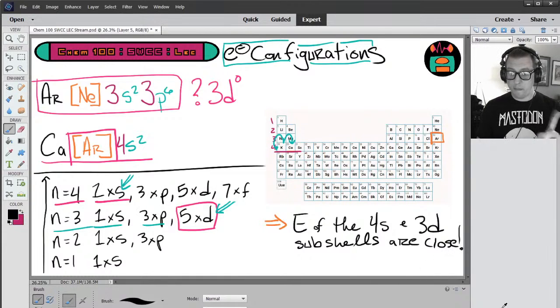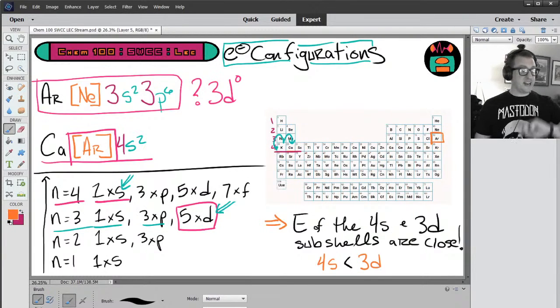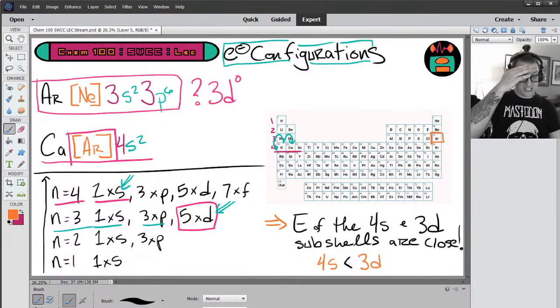They're close, but it turns out that the 4s subshell is slightly lower in energy than the 3d, and that's why the 4s fills first on calcium before the 3d fills. Before you put any electrons in the 3d subshell, you first fill the 4s subshell.